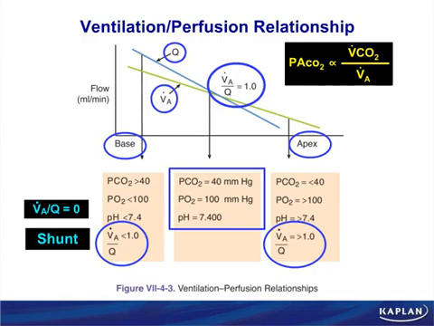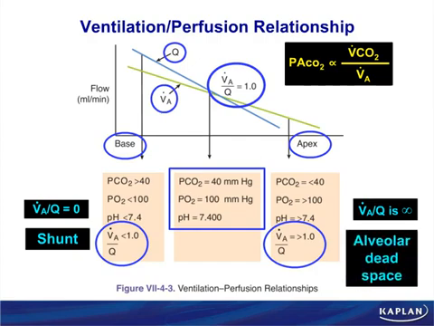Remember, there's no CO2 in alveolar dead space. So as VQ goes up, CO2 is falling, oxygen's going up. Since CO2 is falling, pH goes up because CO2 is an acid. To the extreme, which is alveolar dead space, which has no CO2. VQ, very, very important construct because VQ determines the alveolar gases.